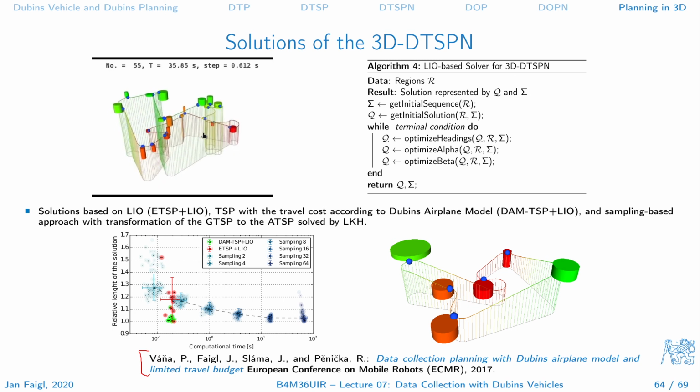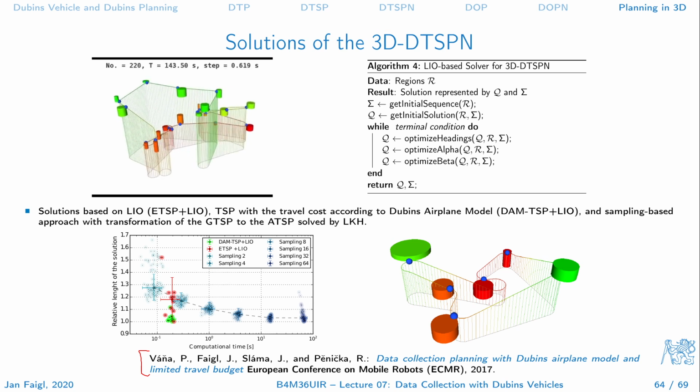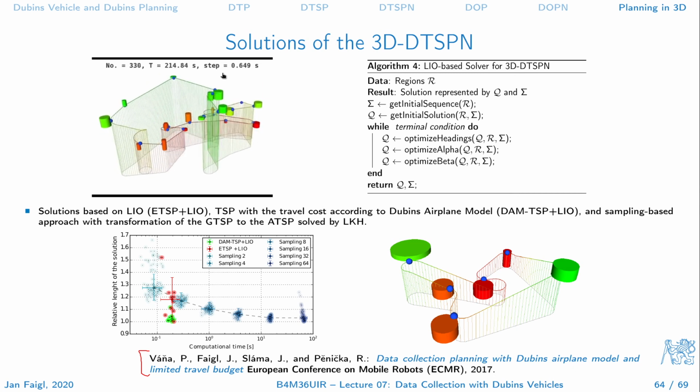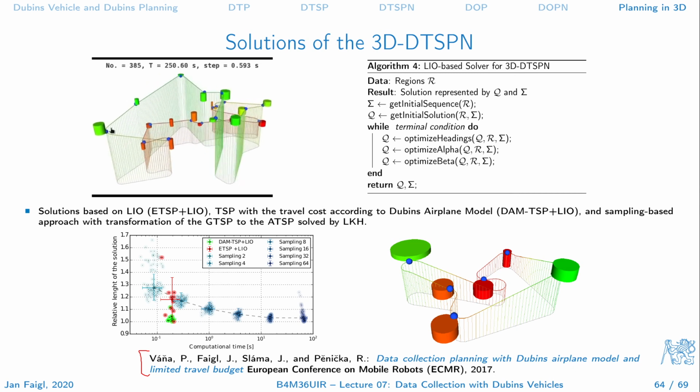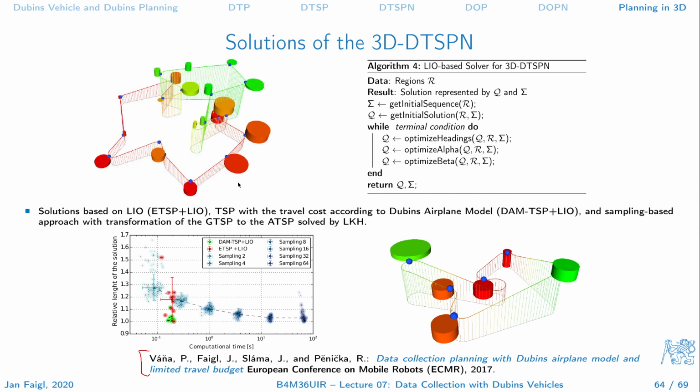I would like to show you that even though this sounds relatively complicated, this cartoon shows the real computational time. Within less than 1 second, using this approach, we can find a solution. For this type of demonstrator, if your deployment requires fast replanning and your algorithm is fast enough, you can deploy it.